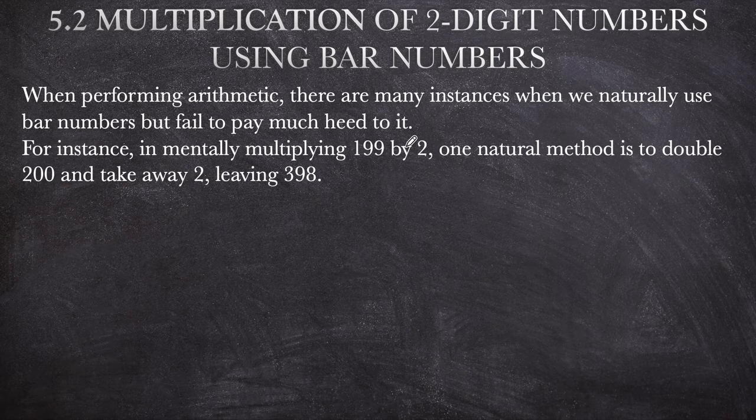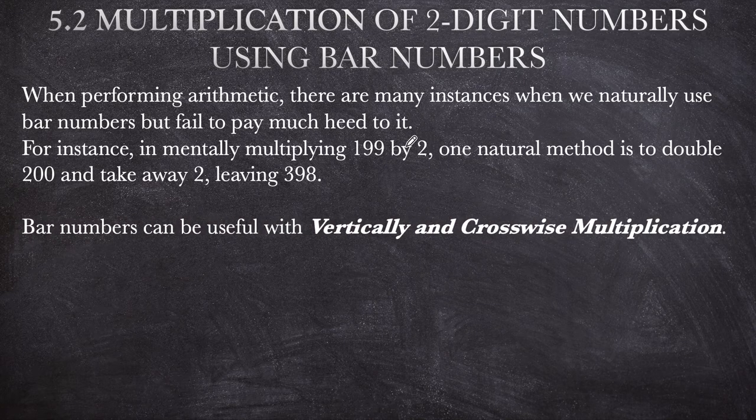For instance, in mentally multiplying 199 by 2, one natural method is to double 200 and take away 2, leaving 398. So we're going to apply bar numbers, and they are useful when applied with vertical and crosswise multiplication.